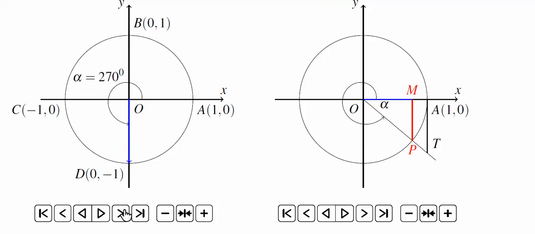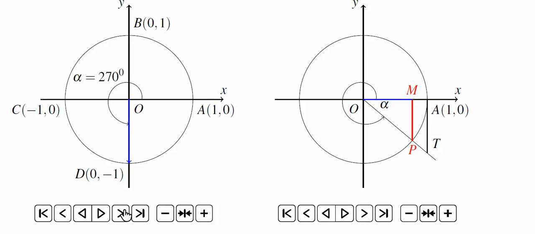Similarly, here at this point, the x-coordinate cannot be 0 means the angle cannot be 270 degrees. So that means also y cannot be negative 1.